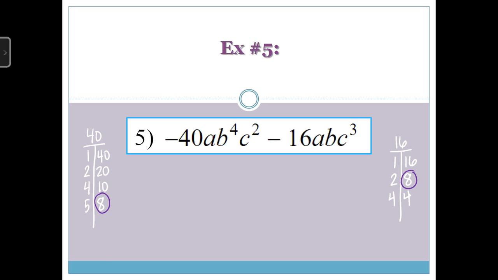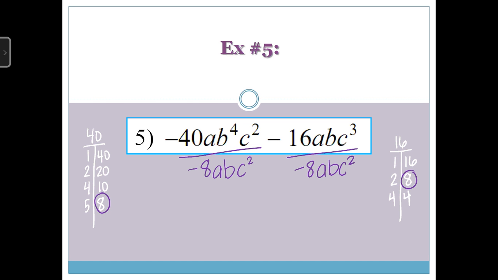Okay? So now let's look at the variables. How many A's do they have in common? What about the B's? What about the C's? Okay, you should have negative 8abc squared.